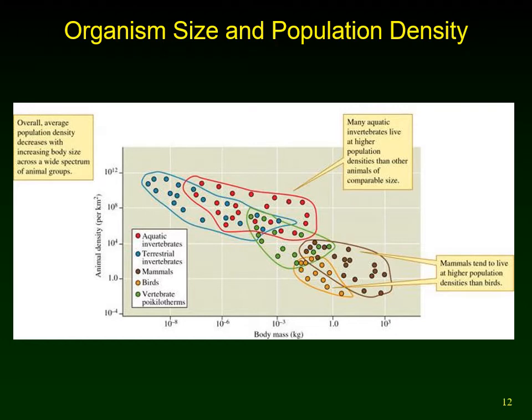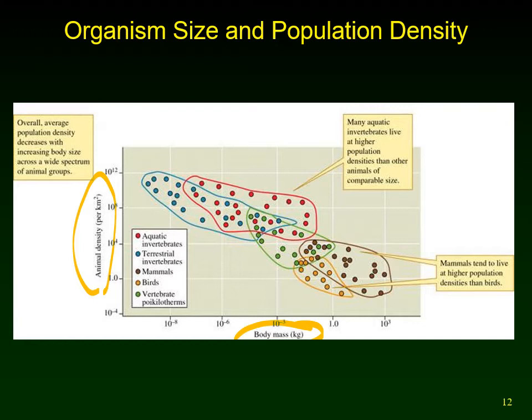This is from the expanded work that was done by Peters and Wassenberg after Damath. And this one, once again, we have the same axes. We've got on the x-axis the body mass of the animals, and on the y-axis the density.